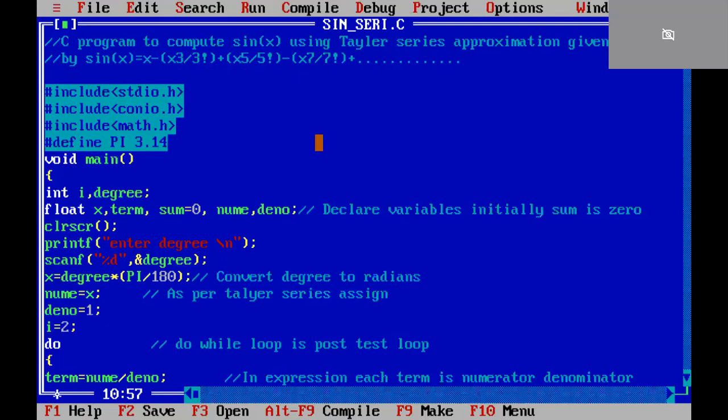Totally, what you can understand is this equation will have n number of terms. Each and every term will have a numerator and denominator. Using this we can write our C statements using a do while statement to compute the value of the sine function in terms of Taylor series.